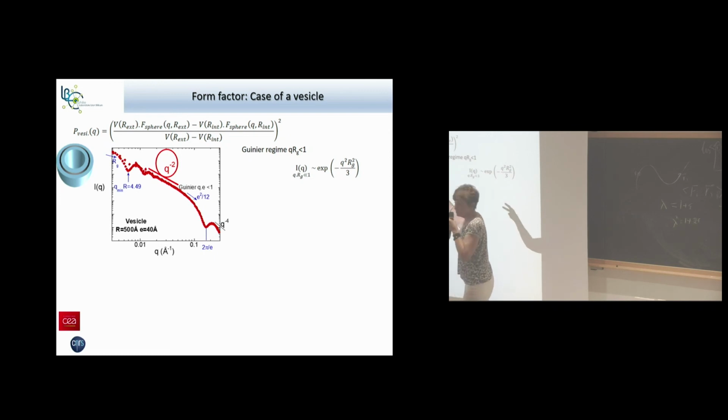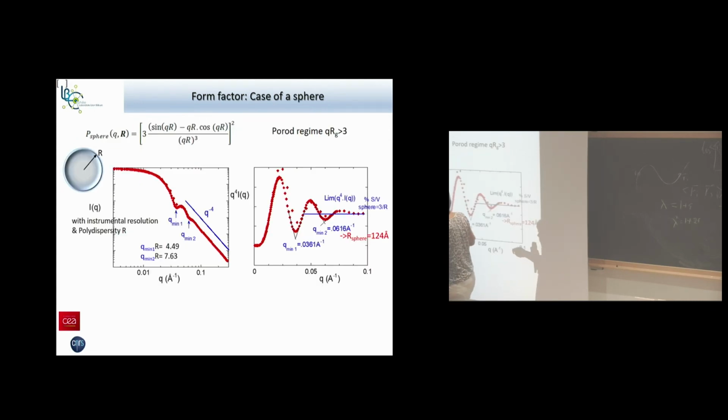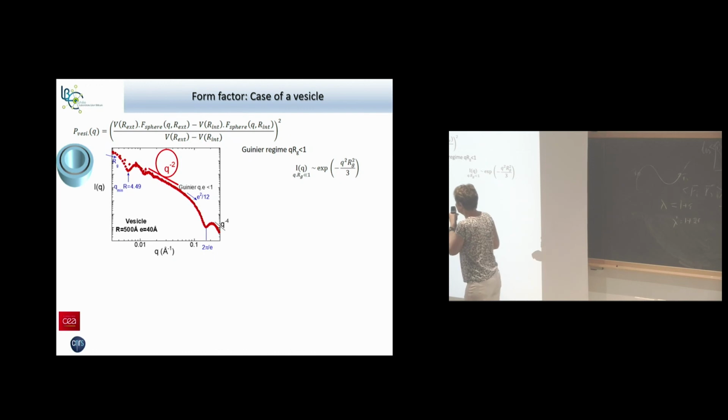And if you get such a Q to the minus 2 slope, it means you may probably have a vesicle in your sample. Remember, for a sphere, it is Q to the minus 4. So with the presence of Q to the minus 2 you can suspect the presence of a vesicle.